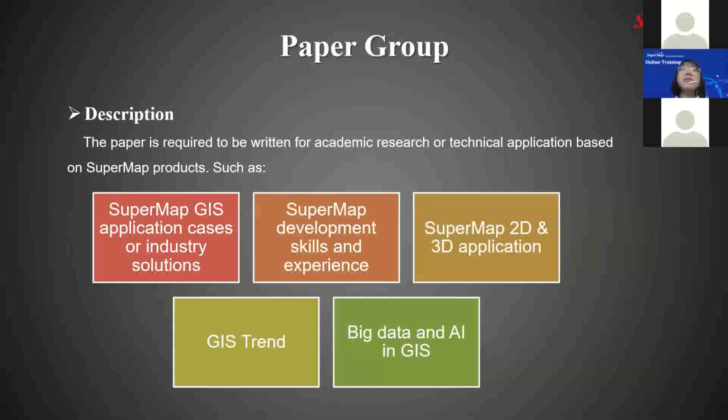Then here we have the last group, the paper group. The paper is required to be written for academic research or technical application based on SuperMap products. There are 4 or 5 directions that you could follow: GIS application case or industry solution, SuperMap development skills and experience, 2D and 3D application, GIS industry trend, and big data and AI in GIS.